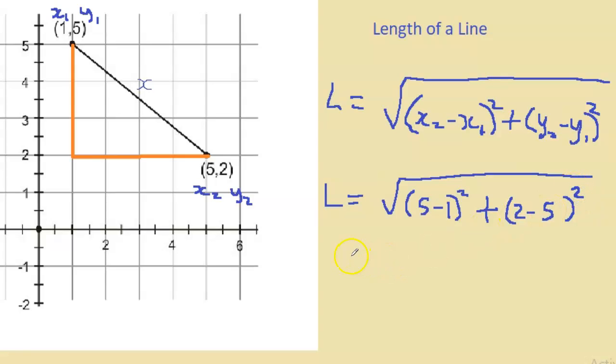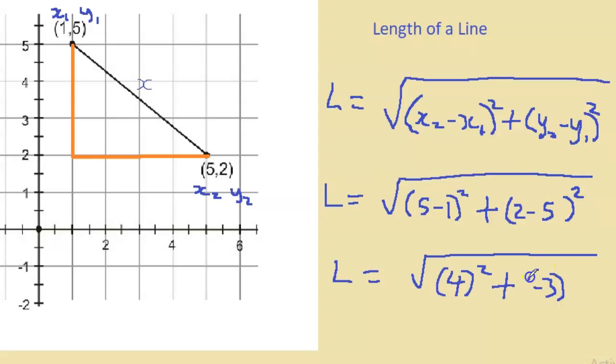So L is the square root of (5 minus 1) squared, so 4 squared, plus (2 minus 5), which is minus 3, squared. And if you remember, the lengths of the sides we found were 4 and 3.